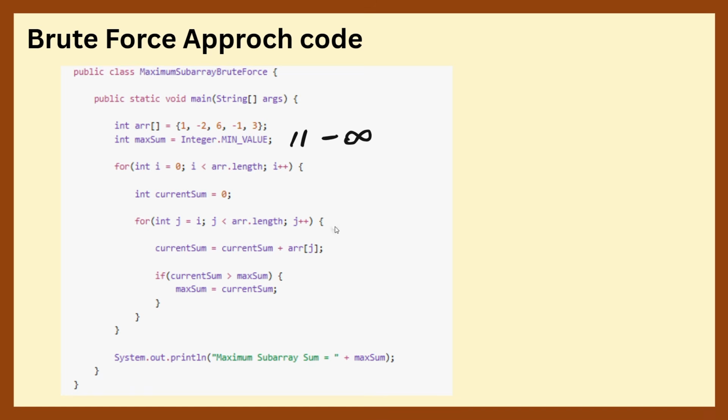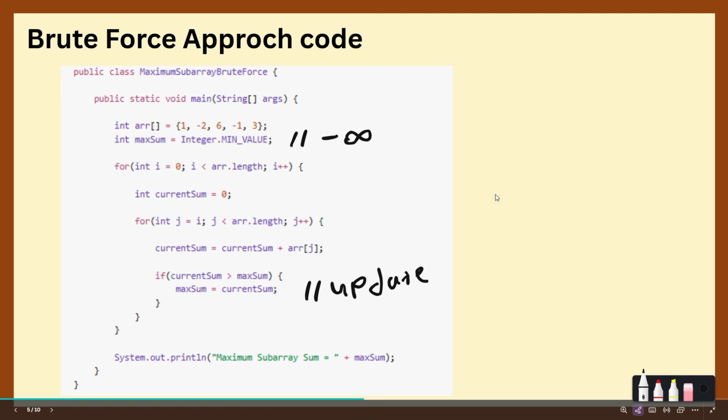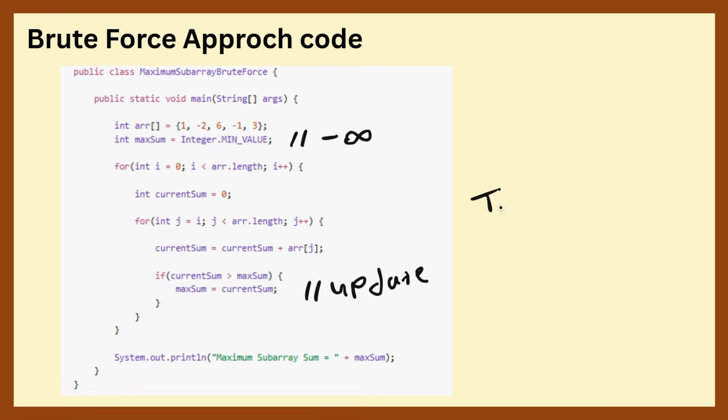This loop is for finding subarrays: first 1, then minus 2, 6, minus 1 and 3, etc. It finds all the possible subarray sums and checks whether current sum is greater than maximum. If this condition is true, the maximum will be updated. This way we can get our answer, but this is not an ideal solution because the time complexity becomes order of n square, which is the worst time complexity.